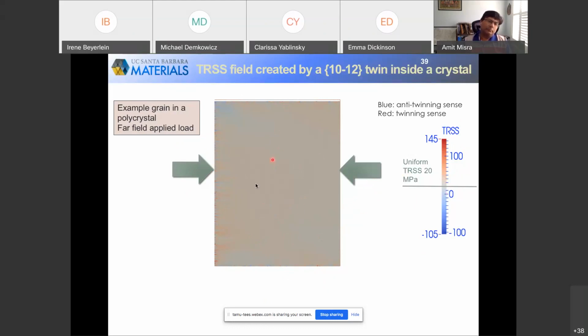As we see here, it's pretty uniform. It's nothing special. We haven't added the twin yet, so we've just deformed it. And just like in an actual material, after some amount of deformation, a twin's going to form. So we place that twin in the middle of the crystal with its shear and reorientation, and we find that we then generate a highly heterogeneous stress state.